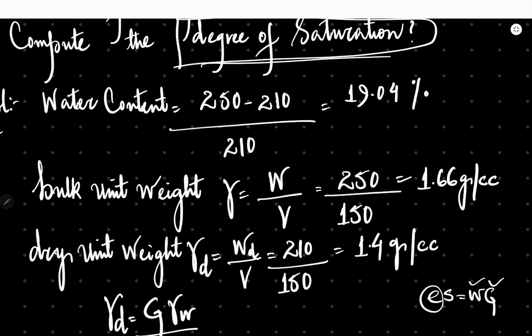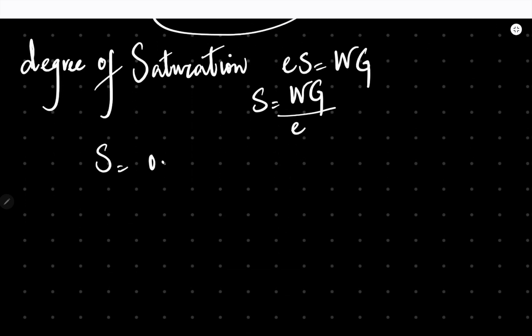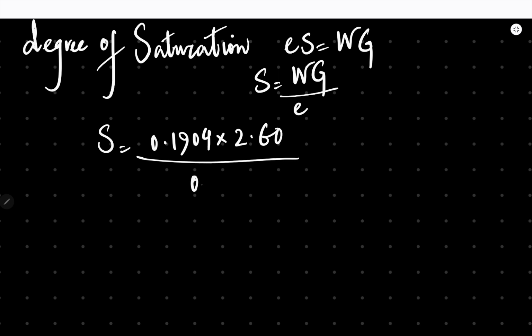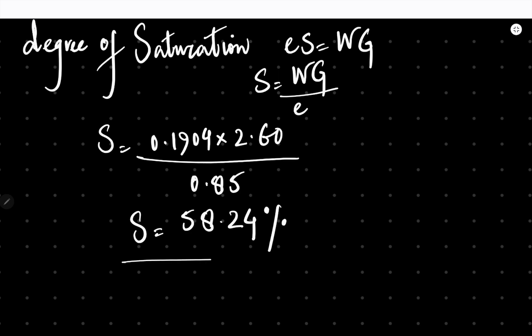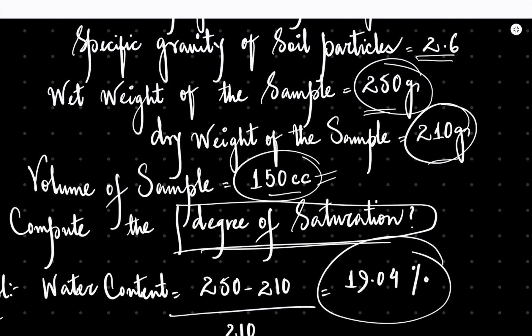It is equal to 19.04%. G, as per the question, is 2.60. e, we have just calculated, 0.85. So S is equal to 58.24%. Degree of saturation is 58.24%. Alright, so this is about this question.